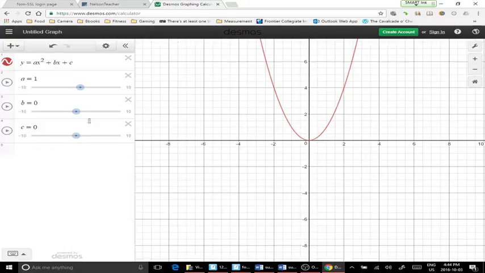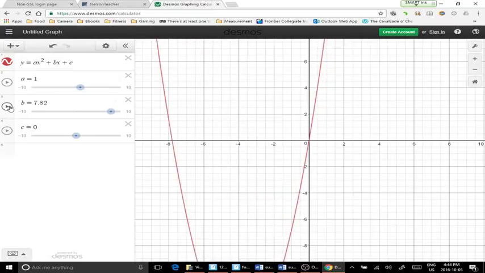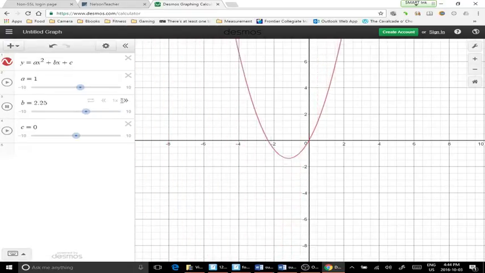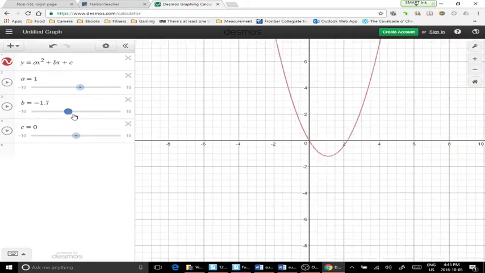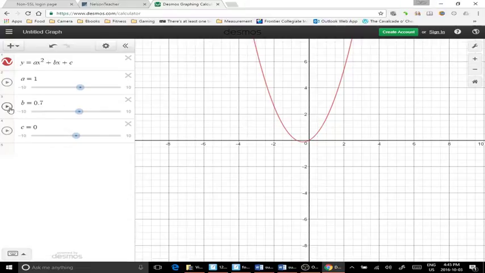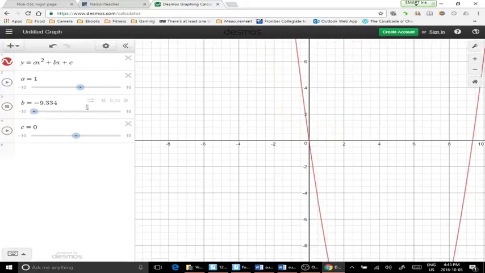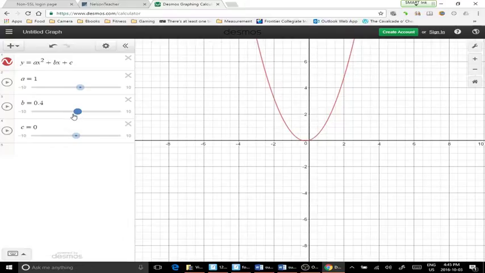Let's take a look at what happens when we change the value of B and C. If we increase B, I can press this play button. That's fast. I'm going to start right here.